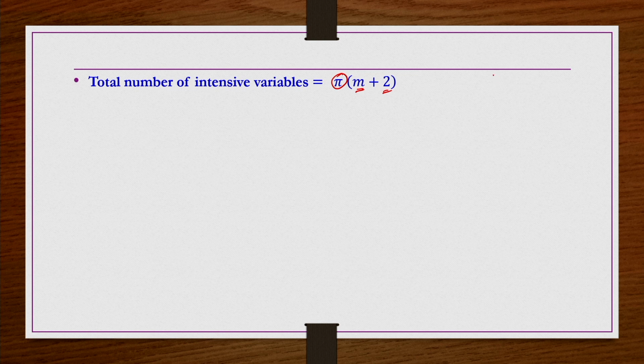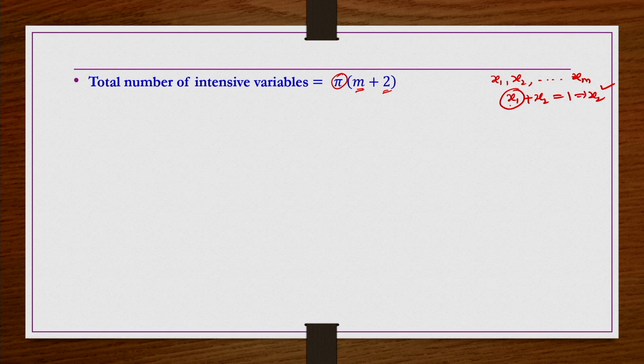Obviously not all of them are independent, because let us say composition wise, we have x1, x2, x3 etc., up to xm. So, m number of components are there. Let us start with a binary mixture. If you have x1 and x2, then x1 plus x2 is equal to 1. So, if you know x1, obviously x2 can be known.